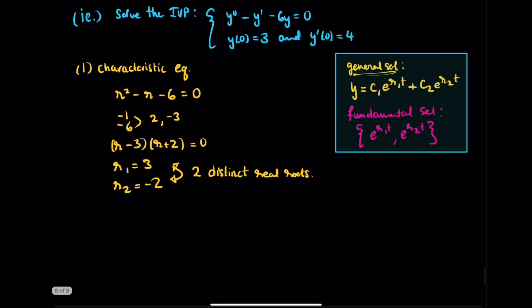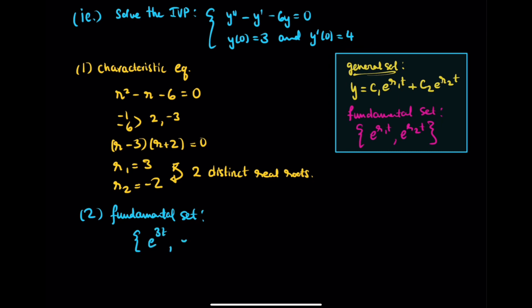And so again, we're going to first find a fundamental set. The fundamental set is going to be such that y1 is e to the 3t and y2 is e to the minus 2t. And then from here we can create our general solution.